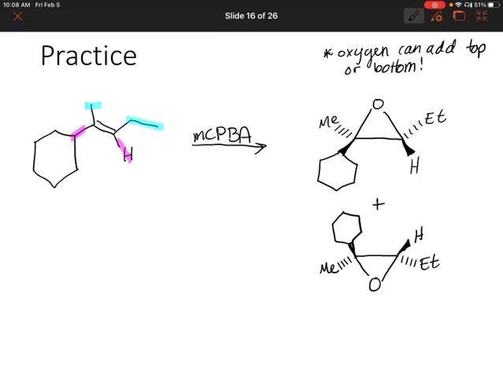Okay, now what is the relationship between these two products? Are they constitutional isomers, enantiomers, or diastereomers? They're enantiomers.